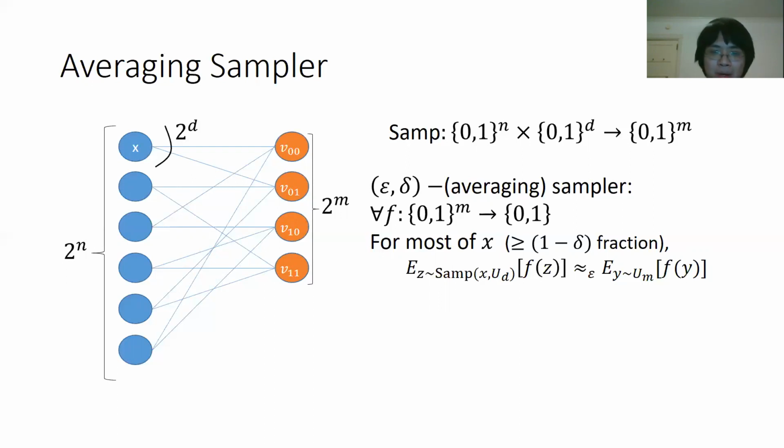And we say this bipartite graph is an averaging sampler if for every function F which maps the right-hand side to a Boolean value, it satisfies the following: for most of the nodes X on the left-hand side, if we take the average value on the neighbors of X, then we will get an epsilon approximation of the actual expectation of F. And this will be true for most of the X, except for only a delta fraction of them.